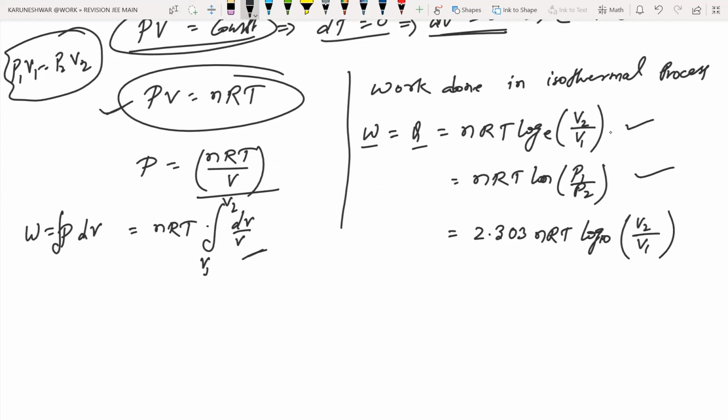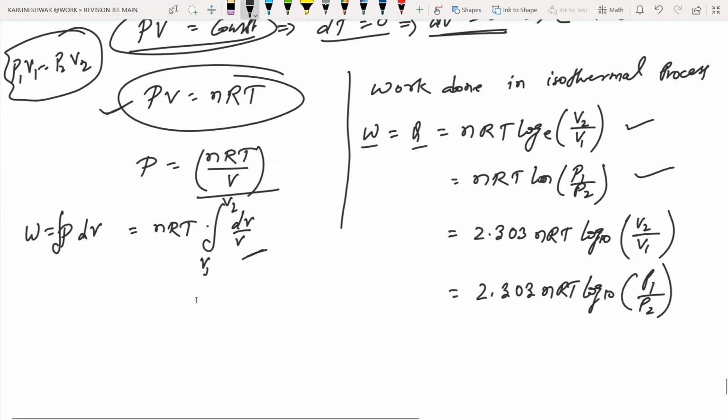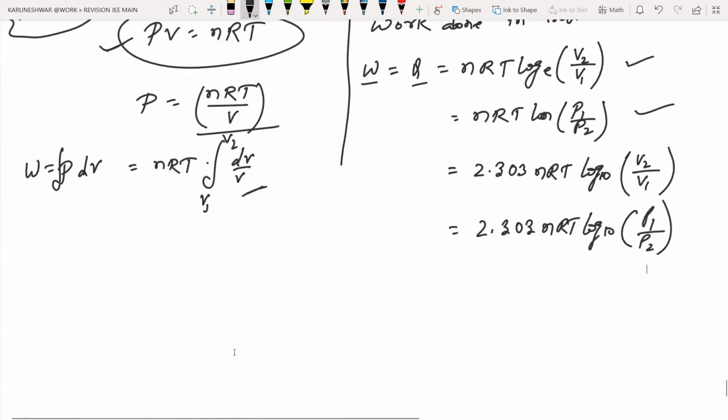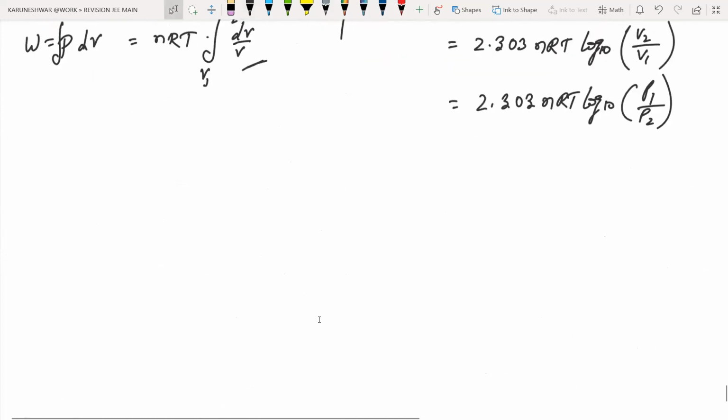In the same manner for pressure, 2.303 nRT log base 10 of P1 by P2. These are the relations you need to remember for the isothermal process. Also, in an isothermal process the pressure-volume graph will be a rectangular hyperbola, because PV is constant.